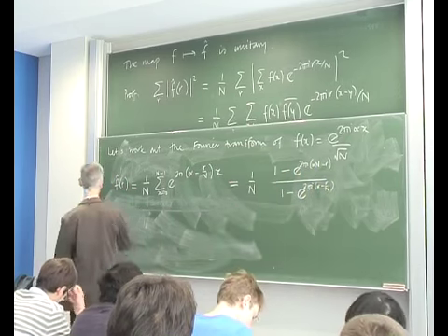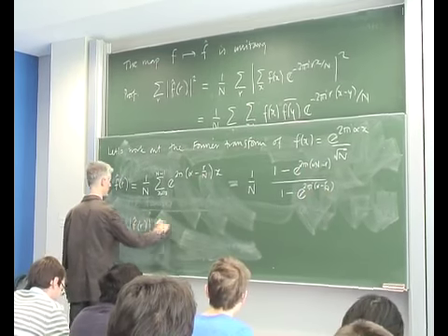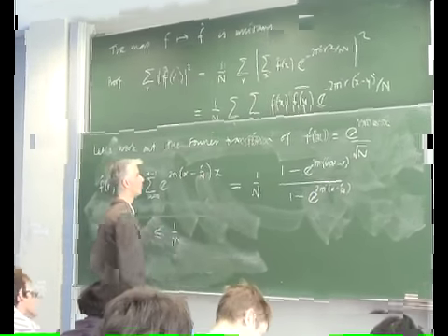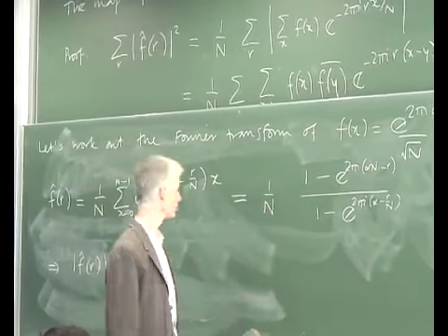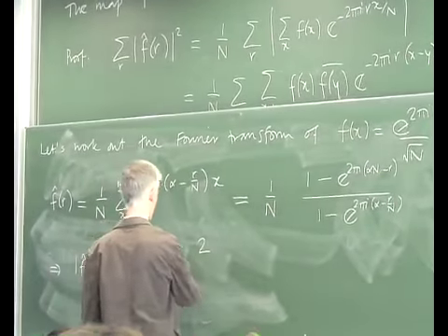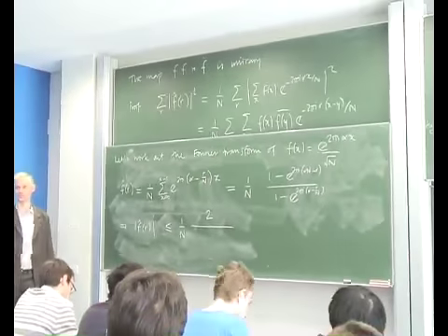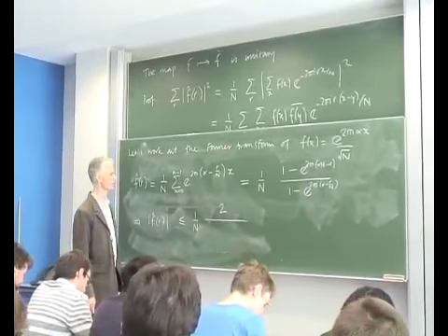So the modulus of f hat of r is less than or equal to 1 over n times something where the top has modulus at most 2. This is a very standard sort of calculation. Anyone who's looked at Weil's inequality will have done this kind of calculation.